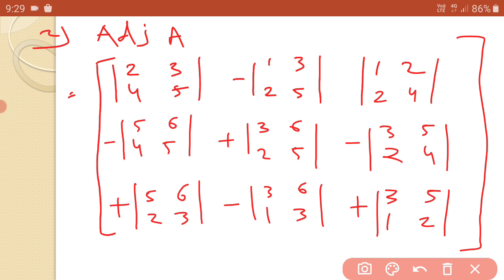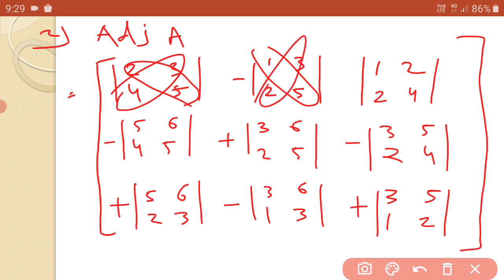After that, all of you know, find these values. 5 2s are 10, minus 4 3s are 12. So 10 minus 12, minus 2. Then 5 1s are 5, minus 2 3s are 6. So 5 minus 6, minus 1, and minus 1, so minus minus plus 1. 4 1s are 4, minus 4.